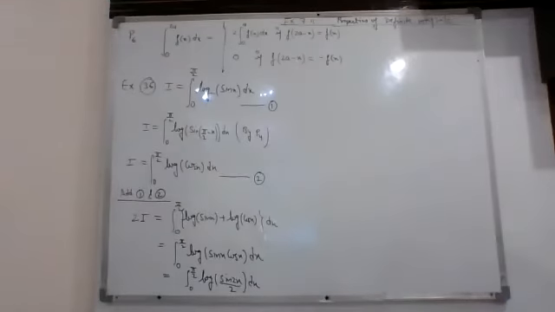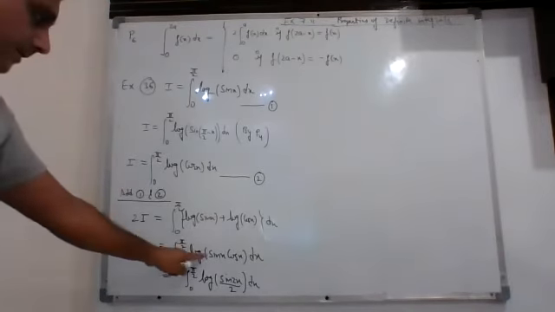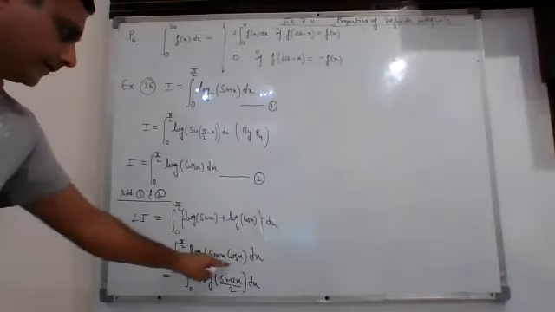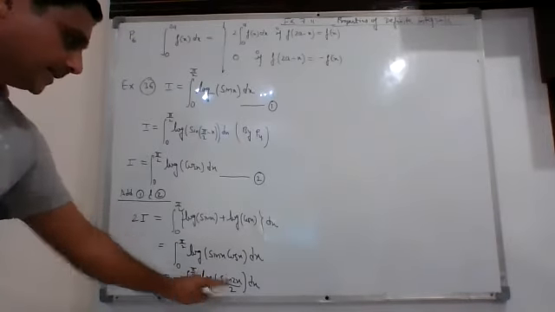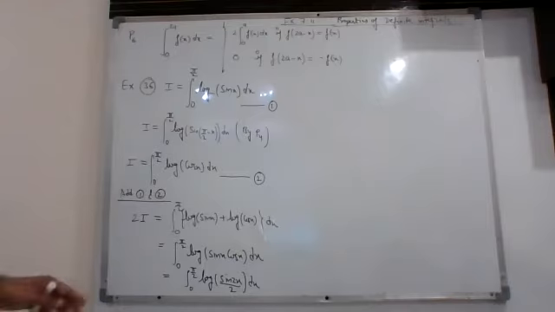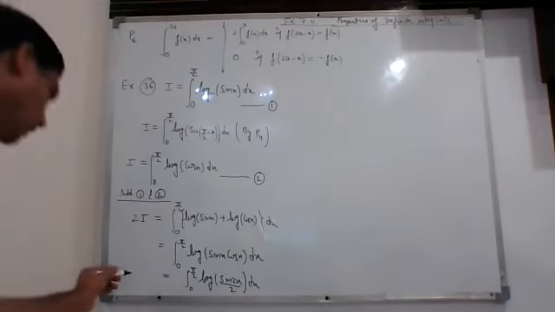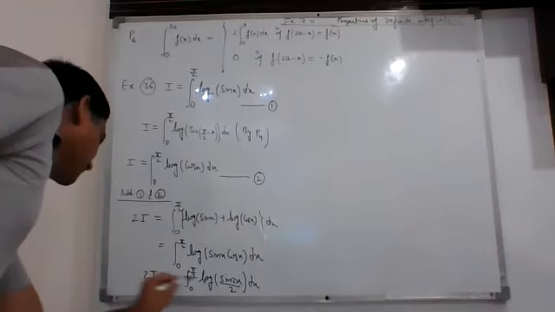We just introduced a 2 over here and divided by 2. So 2 sin x cos x can be written as sin 2x, and this is that upon 2. So basically in the angle we had multiplied and divided by 2. So your 2I is coming out to be this much.